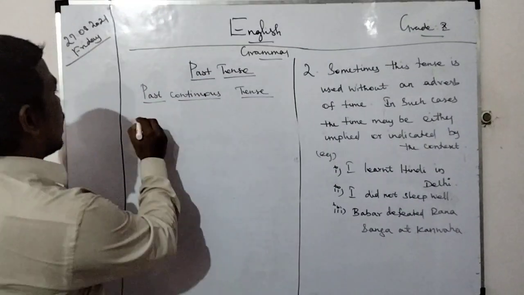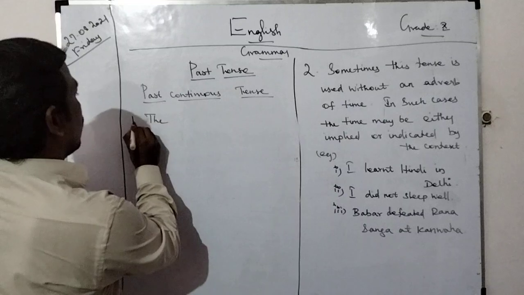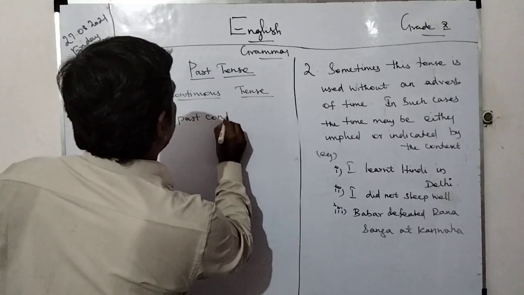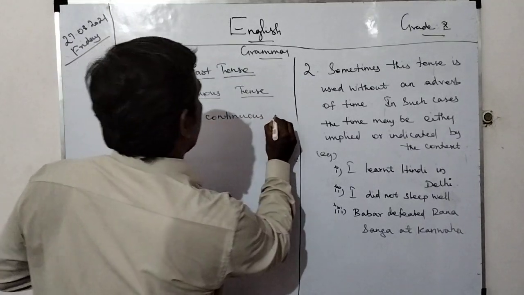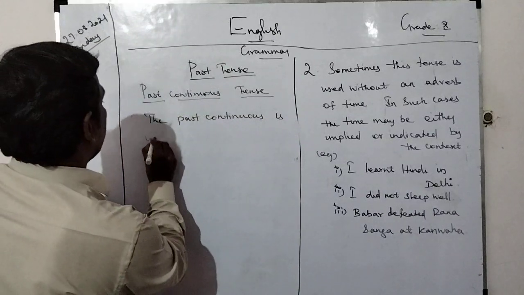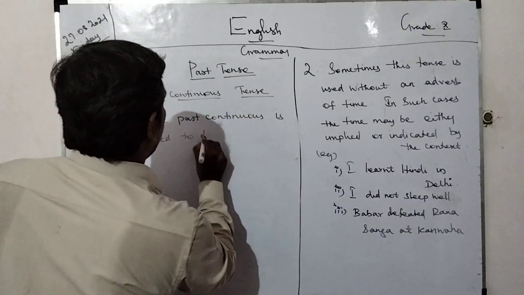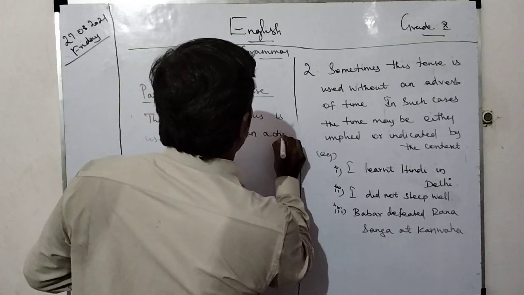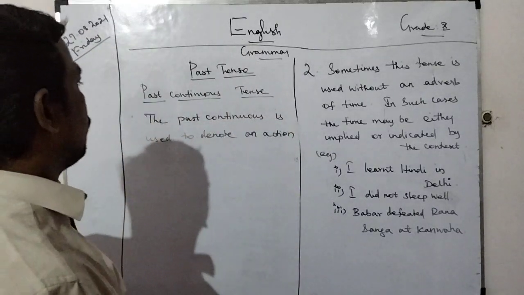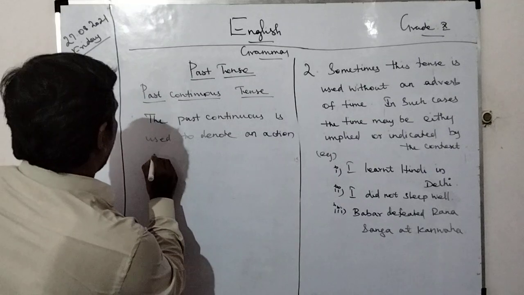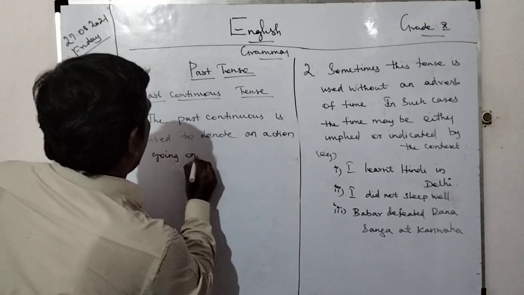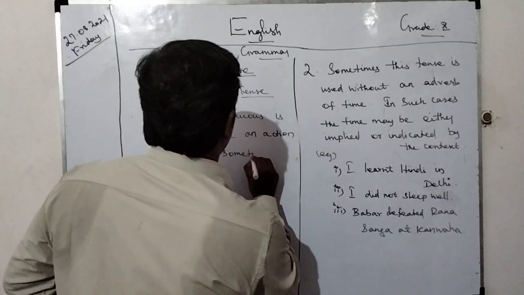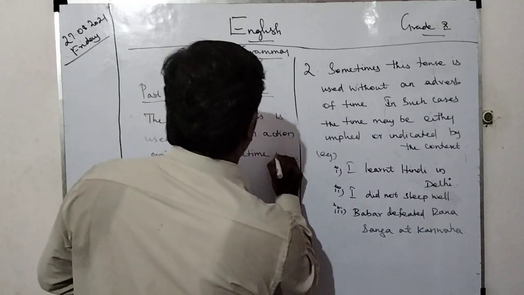Here the first rule, only one rule: the past continuous is used to denote an action going on at some time in the past.